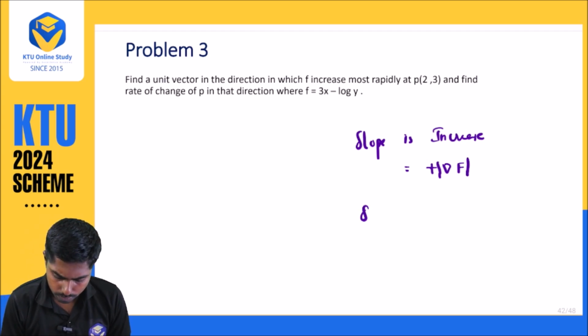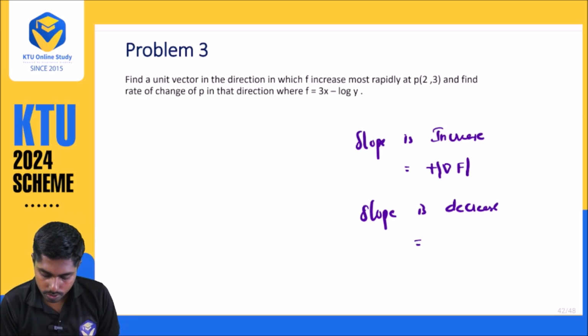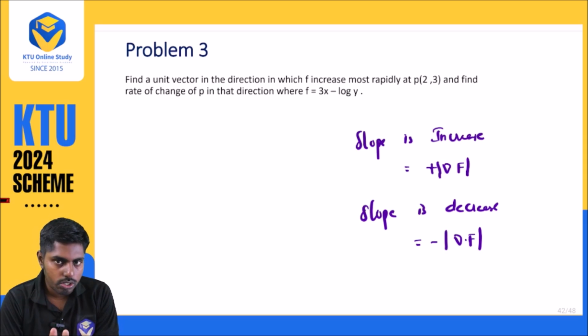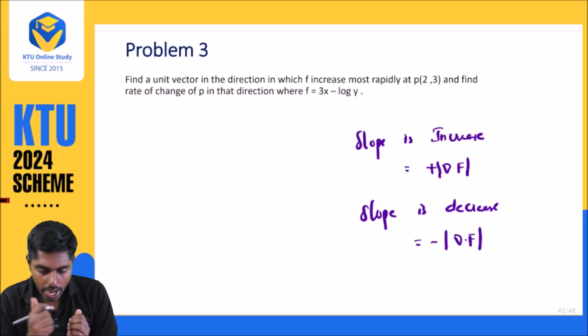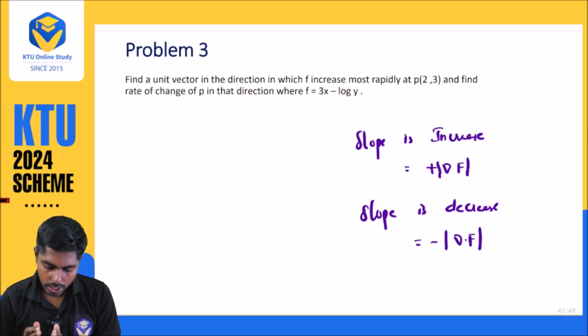If they are asking slope is decreasing, decreasing means negative, that is minus modulus of del f. So slope increasing means positive modulus of del f, and decreasing means negative modulus of del f.